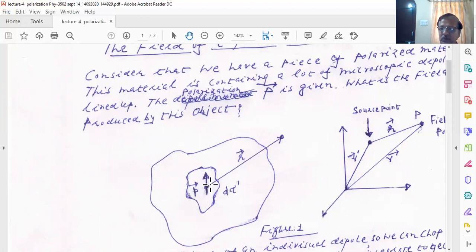And once you calculate the volume integration, you will be able to find the field because of this polarized object.